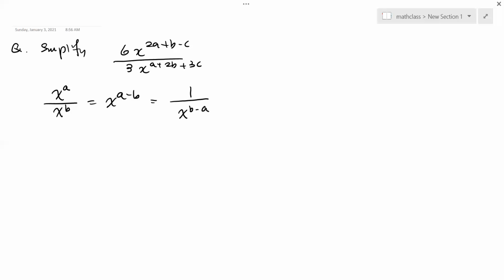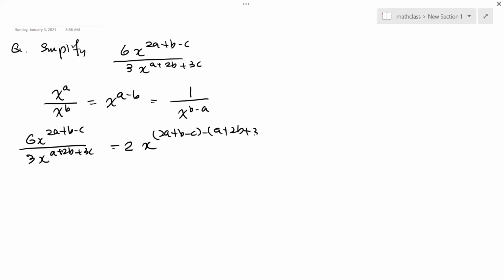And using that formula, the above expression is going to be, for a plus 2b plus 3c, 6 over 3 is 2. Then the difference of those two powers. Okay, so let's simplify it further.